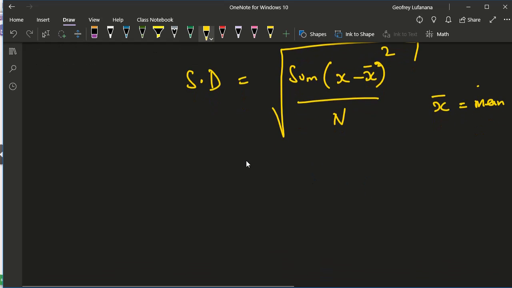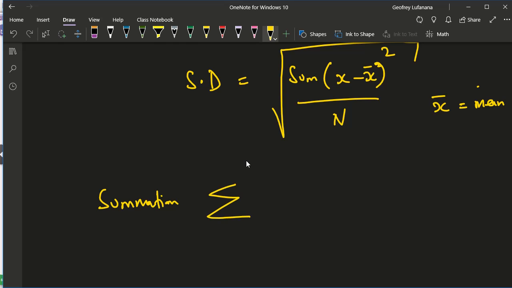Now we are going to be using the notation of summation. Summation has a symbol which looks like this, which basically means to add up values. For example, if I put from 1 to 5 of xi, this means that I'm going to add x1, x2, x3, x4, and x5.